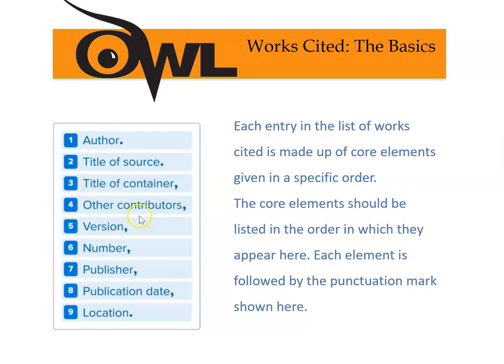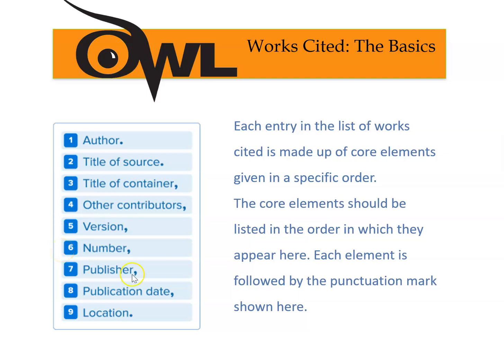Any other contributors, translators, editors, that kind of information. In some cases, there'll be a version number if it's multi-volume. Or if there's a certain volume and issue number, those can be included.